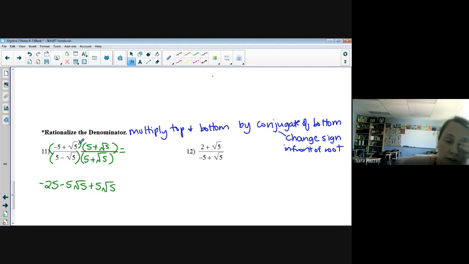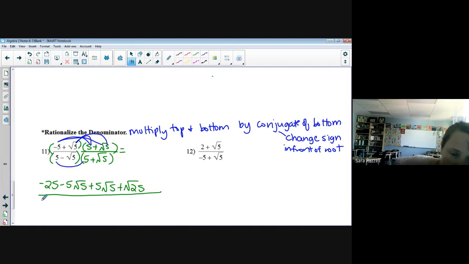Root 5 times root 5. That's the top. So I'm distributing just like we did on the multiplying problems. I'll go ahead and write my arrows just to kind of help you see where we came from. Here, and here, and here, and here.